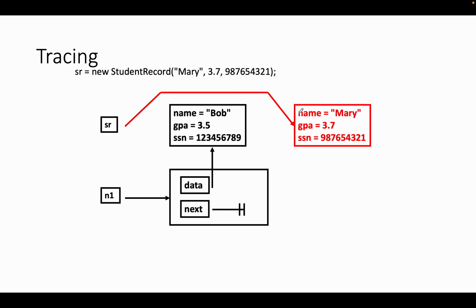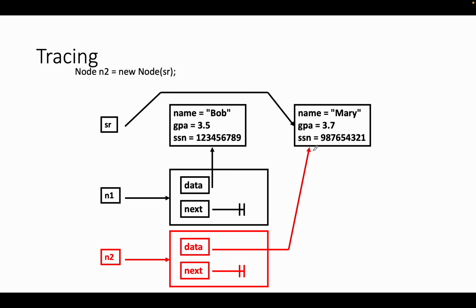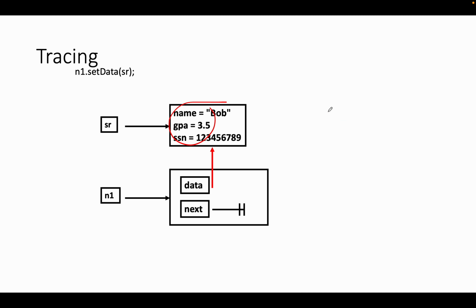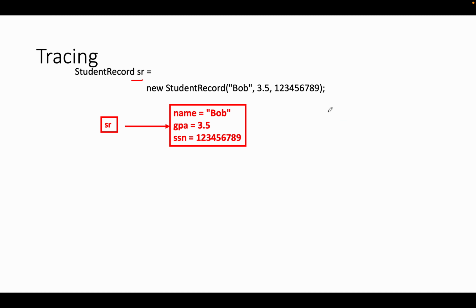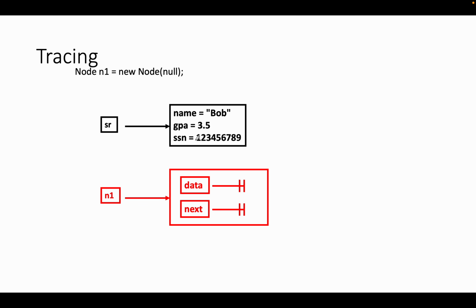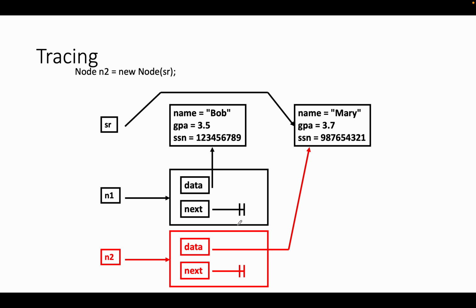Then when we add a new value, which is name Mary, GPA 3.7 and SSN 987 something, we create a new pointer, link the data here, and connect these nodes together. Again, we create this data and map the data to the linked list, create another data, map it to another linked list, called node 1 and node 2.